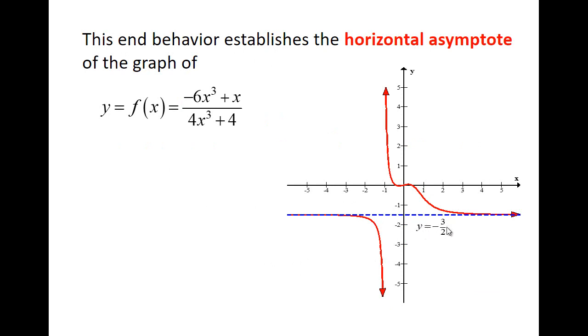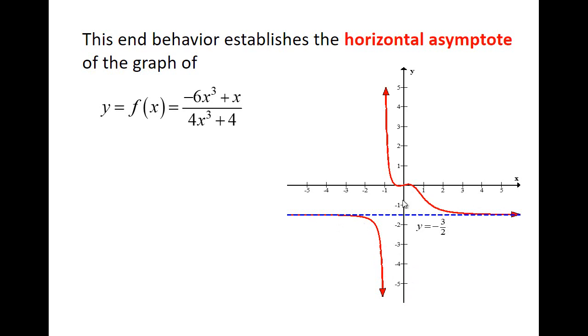Y is equal to negative 3/2, and as x gets bigger and bigger, the graph of the function is getting closer and closer to the horizontal asymptote, and as x gets bigger and bigger in the negative direction, the graph of the function is getting closer and closer to the horizontal line as well.